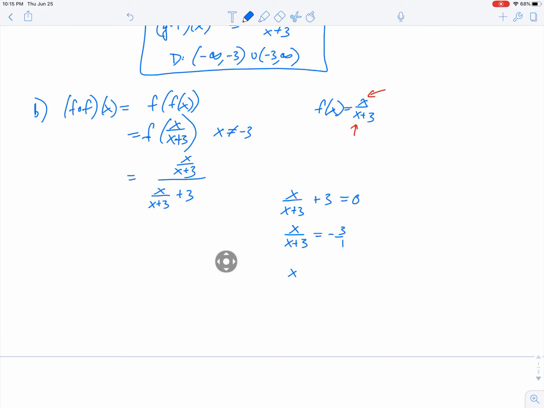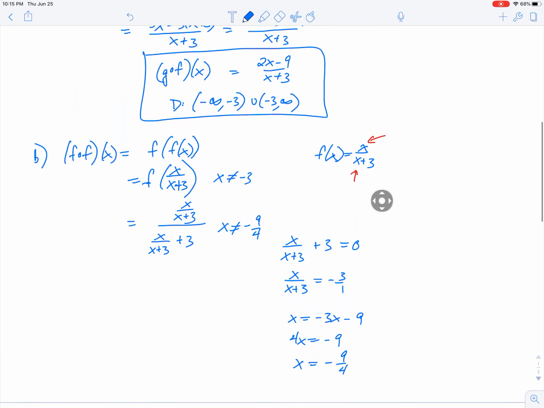So that occurs when x is equal to negative 3x minus 9. So 4x is equal to negative 9, and that's when x is equal to negative 9/4. So we don't want x to be equal to that. So x cannot be negative 9/4. That's an extra restriction on the domain.